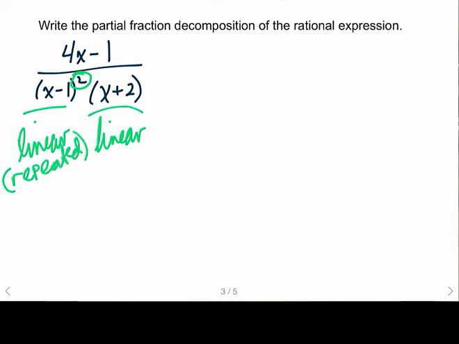Now what's about to happen isn't really intuitive, so let's consider the fraction 3/4. 3/4 could be broken up into the sum of 1/2 and 1/4. Note that in 3/4 the denominator 4 is 2 squared.